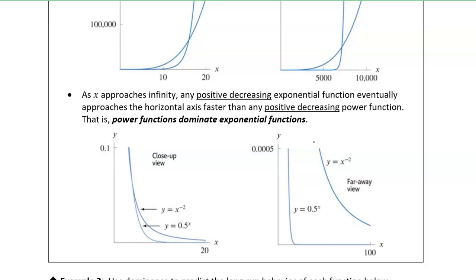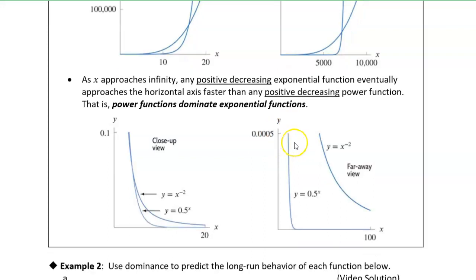Power functions dominate exponential functions, right? So exponential functions are going to zero faster than the power function that's also positive and decreasing.